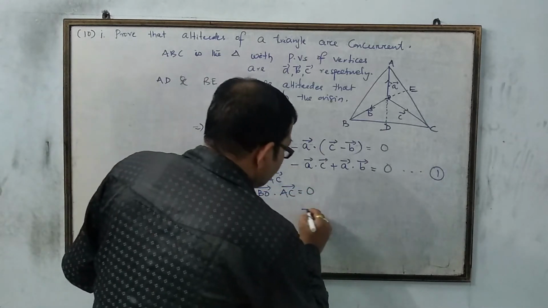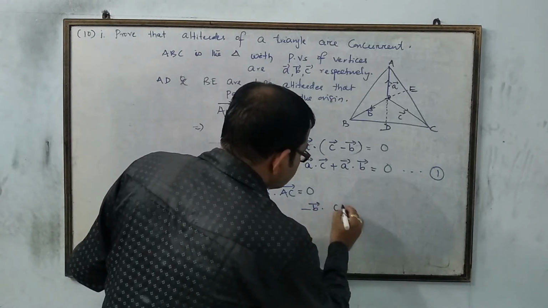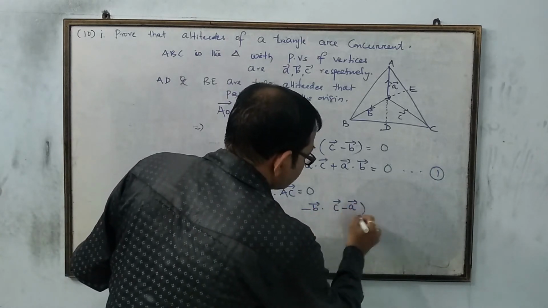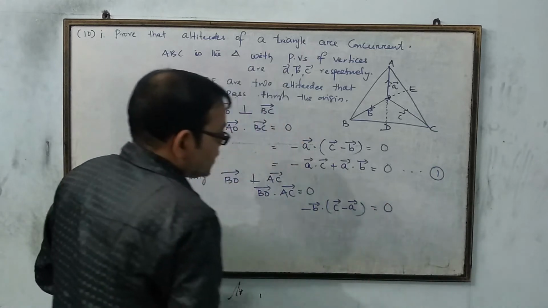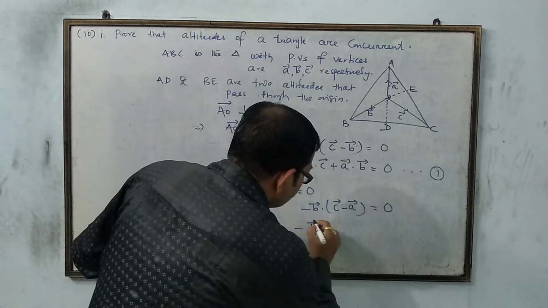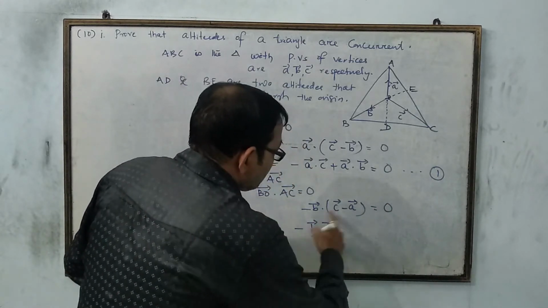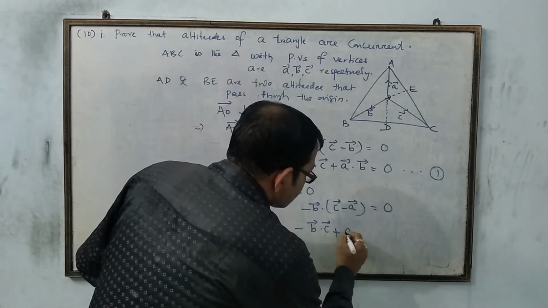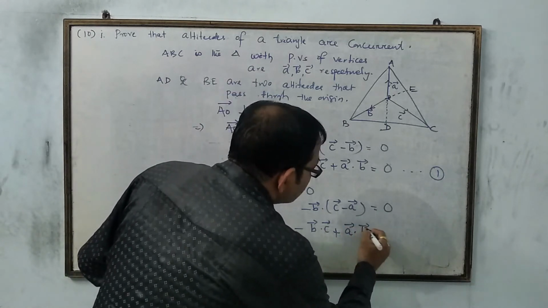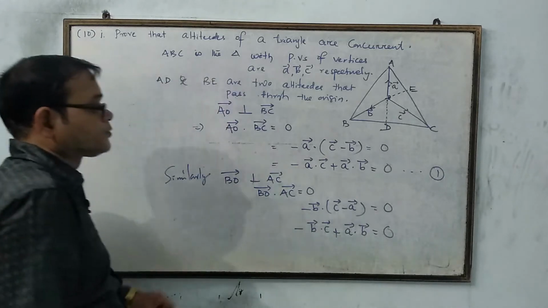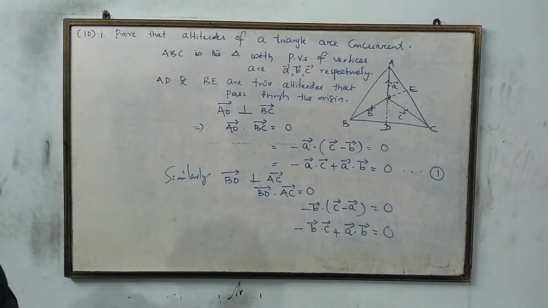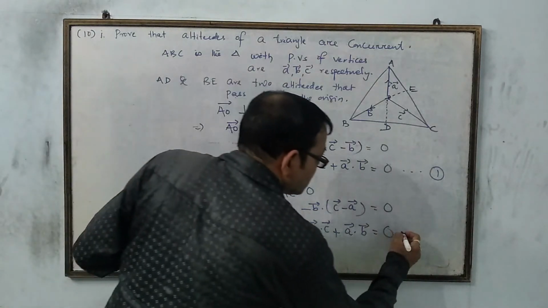BO is minus B, AC is C minus A, equal to 0. This implies minus B dot C plus A dot B is equal to 0. These two conditions are obtained.